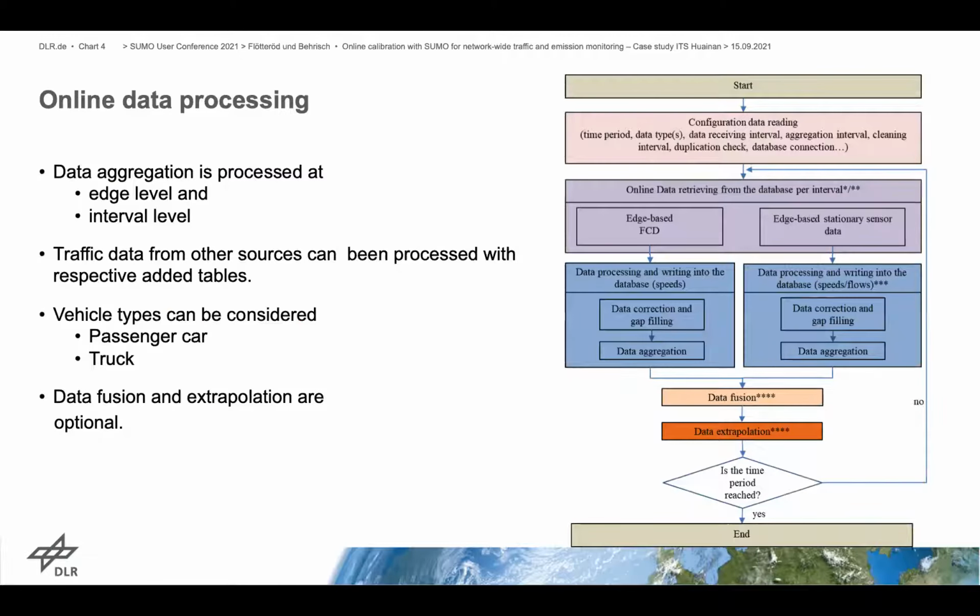So let's get a closer look at the online data processing part. Here you can see the processing diagram on the right-hand side. After starting and reading the settings, the online data will be processed according to data type. One is FCD, where only speeds are available, and the other one is stationary sensor data with speeds and flows.